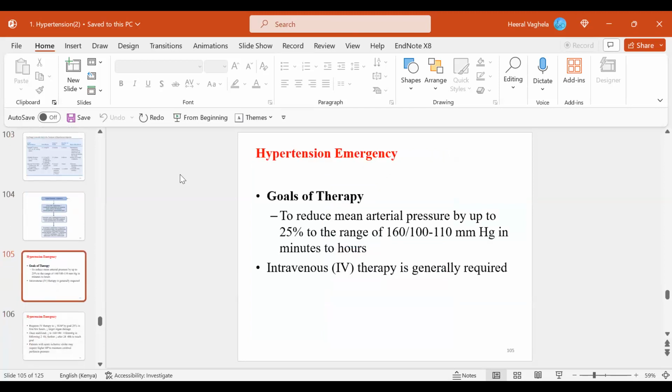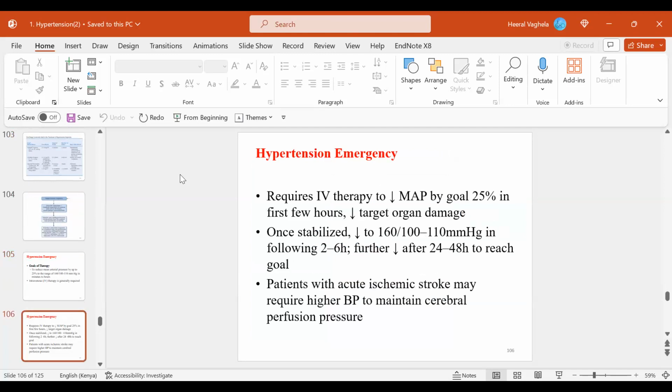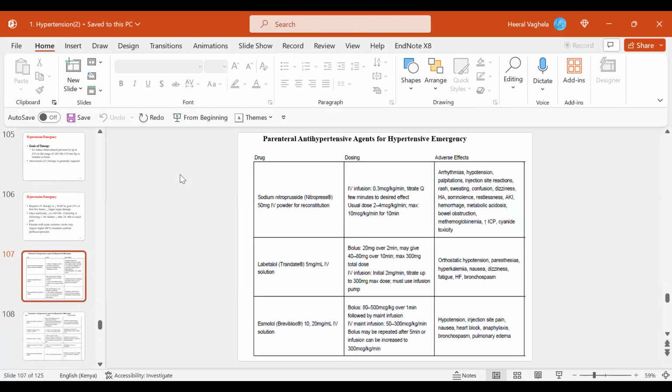Then hypertensive emergency: again, you're using IV, and some of the drugs you can use are sodium nitroprusside, labetalol, esmolol. There are just many drugs you can use.